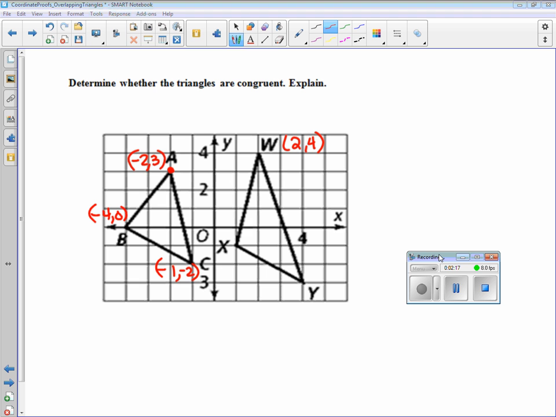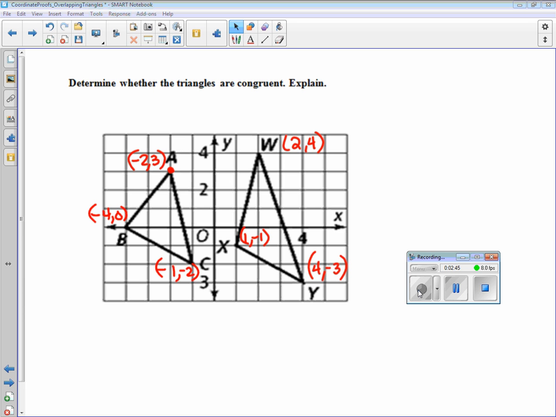X is 1, -1. And Y is 4, -3. All right, so just copy those two triangles right on a coordinate plane, and we have to decide, based on this picture, whether or not the triangles are congruent. Okay, and we're going to have to prove it. So give you a second to copy it down first.